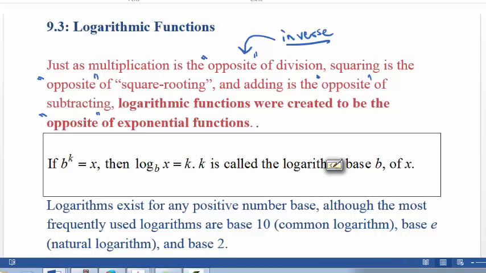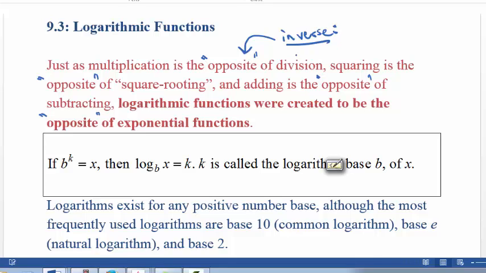Squaring is the inverse operation of square rooting. Adding is the inverse operation of subtracting. So taking a logarithm is the inverse operation of exponentiating, right? Which is a word we'll get into in the last section.